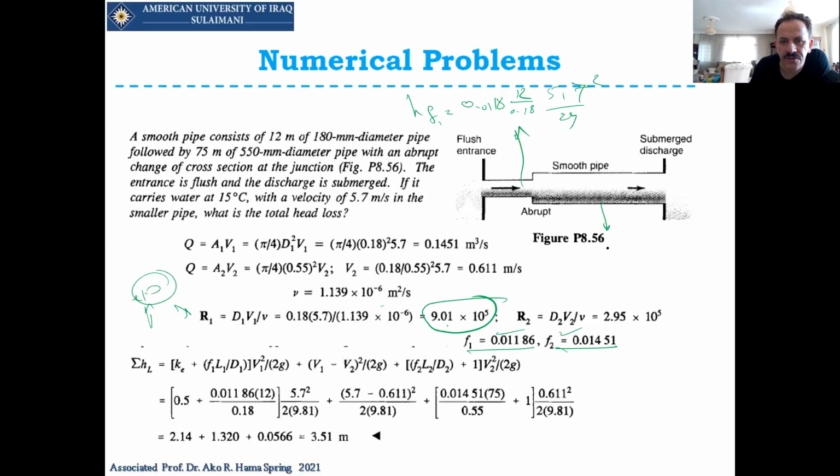For the second pipe, the friction head loss is equal to its f, 0.0145, times L, which is 75, divided by the diameter, times V2 squared, 0.145 squared, over 2g. This is only the friction head loss.